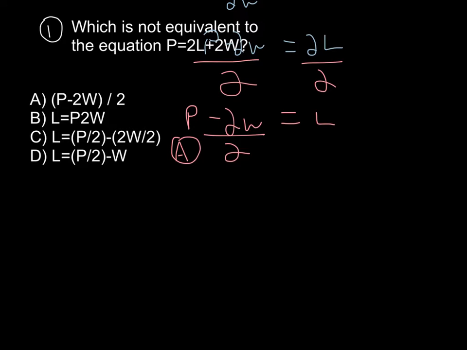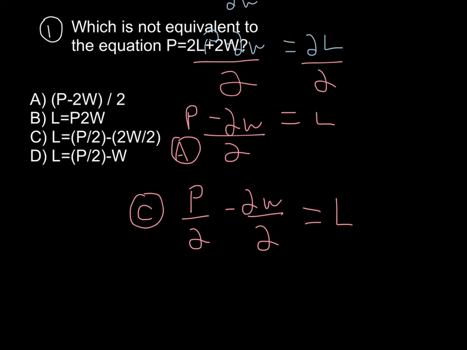And if we rewrite that, we can actually write this as P divided by 2, because P here is being divided by 2, minus 2W over 2, and you can see that is what remains up top, equals L. Alright, well, P divided by 2 looks a lot like this P divided by 2, minus 2W divided by 2. You can see that this actually is equivalent to C.